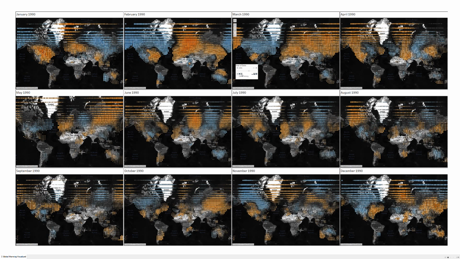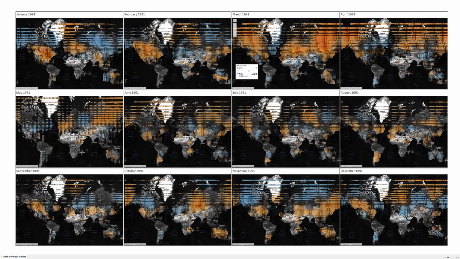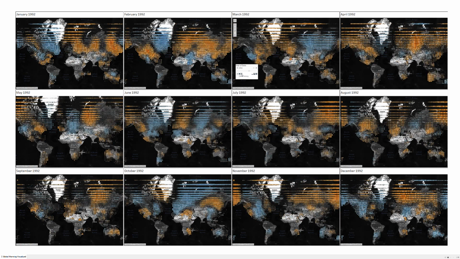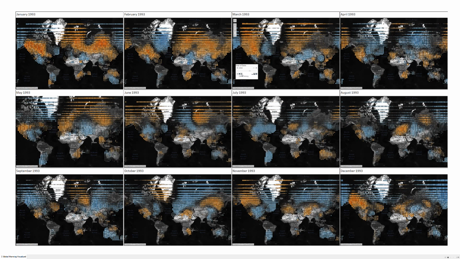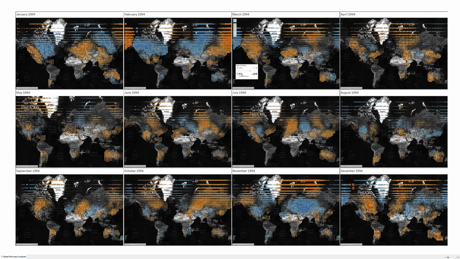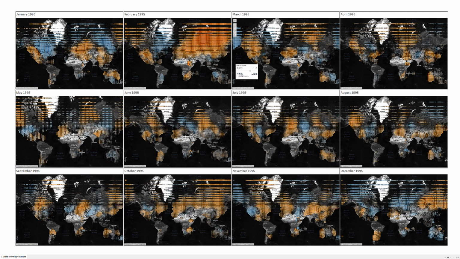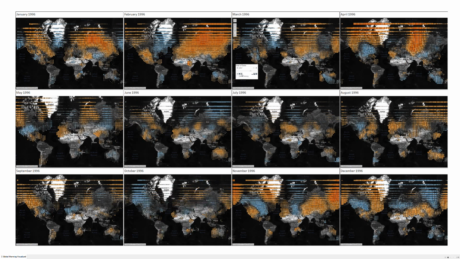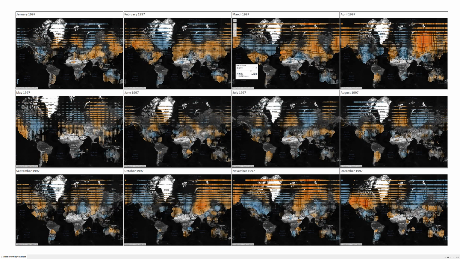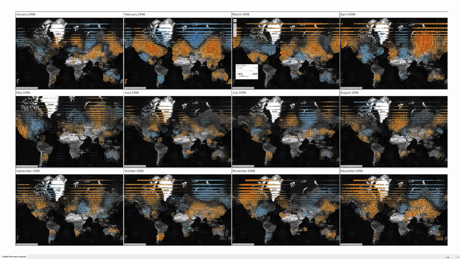This is the end of the baseline period. It's a 30-year baseline period. We're animating nearly 70 years of data here, seven decades. There are approximately 68 million data points being rendered here month by month, year by year.